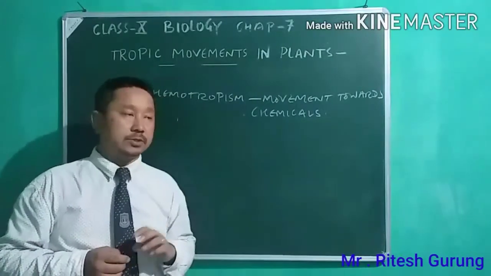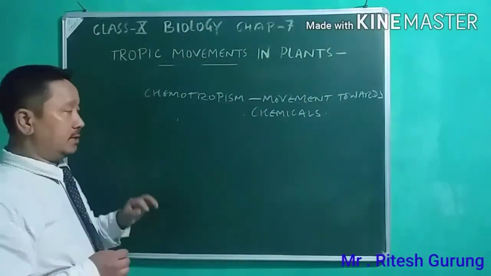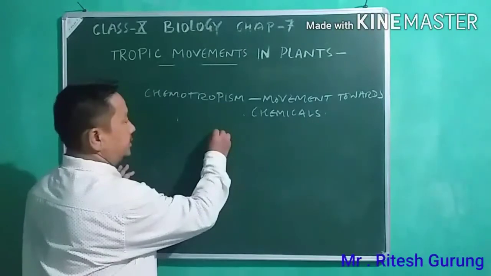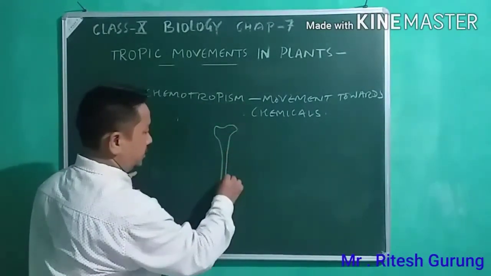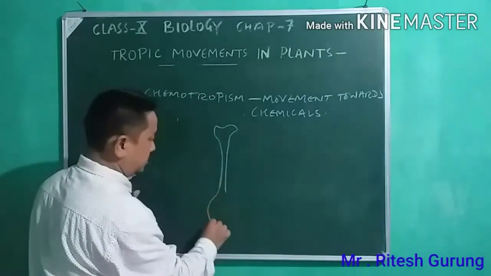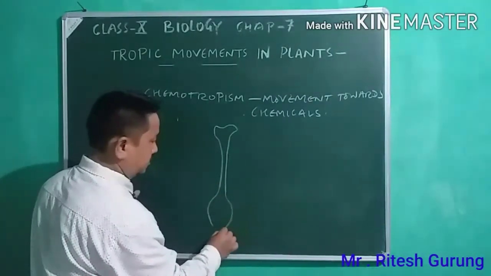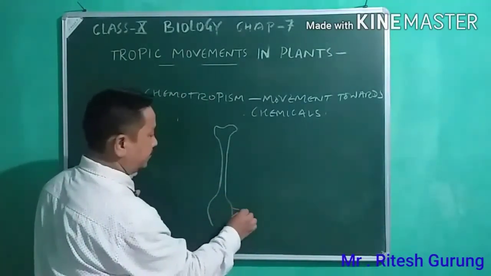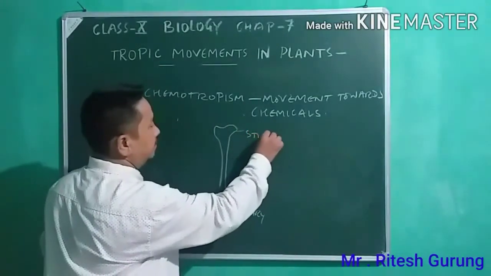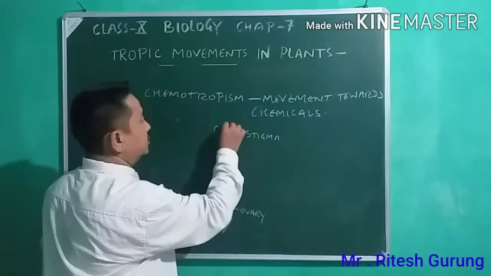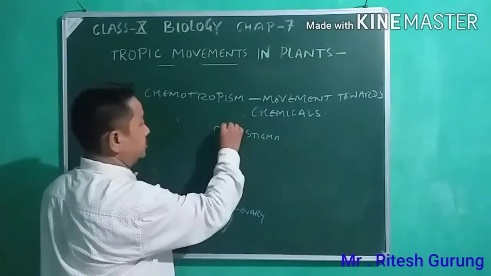All right, so for example, let me tell you. This is the ovary, stigma. Suppose the pollen grain is here.